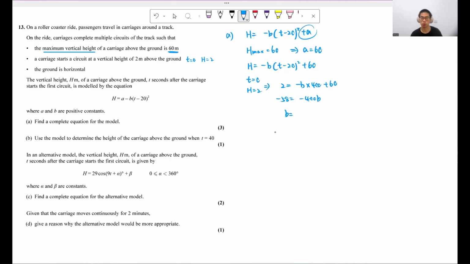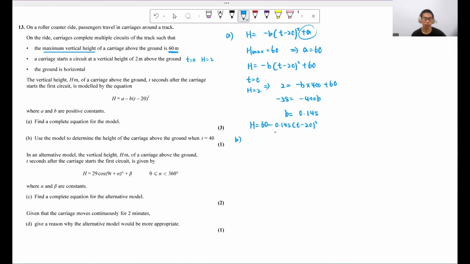So b is equal to 58 divided by 400, which is 0.145. The final equation is h equals 60 minus 0.145 times (t minus 20) squared. So a is 60 and b is 0.145.